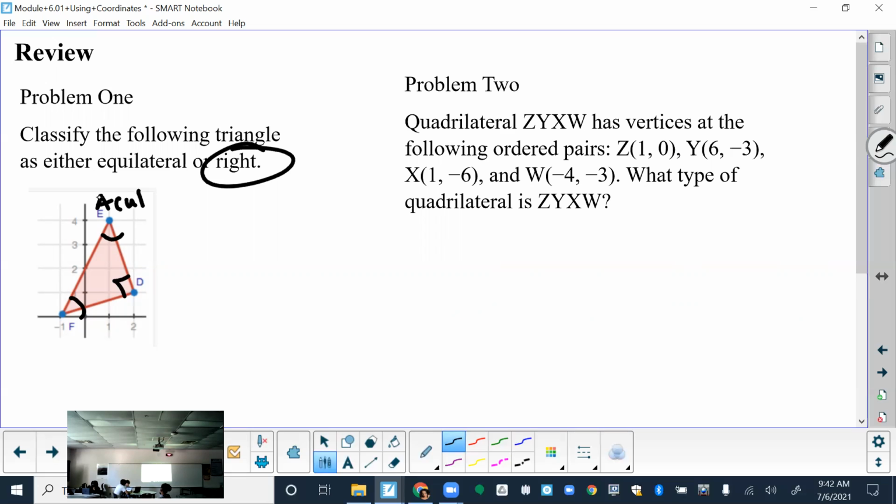Acute. So acute angle here, acute angle here, we're trying to figure out if B is 90 degrees or not. Because it looks like it is, but we need to know for sure. What can I use to figure out that it makes a 90-degree angle?